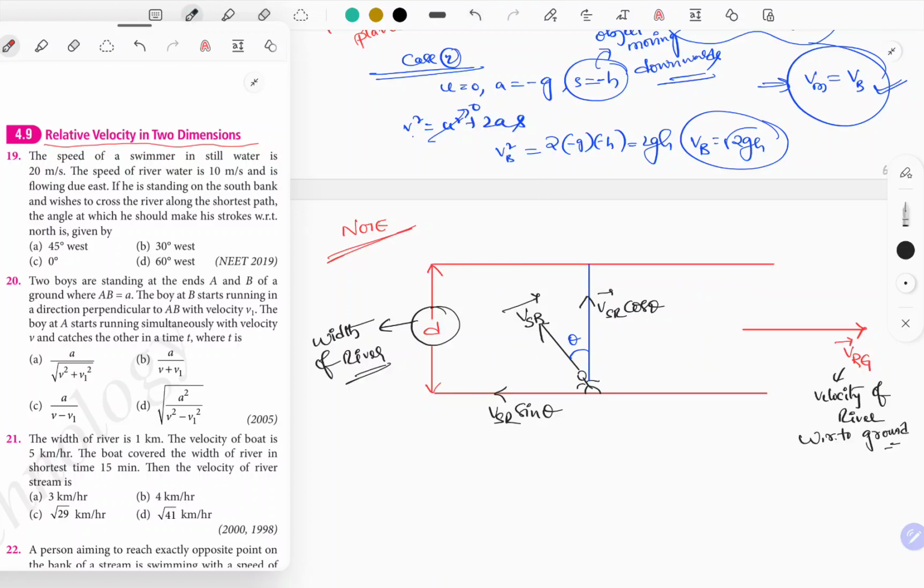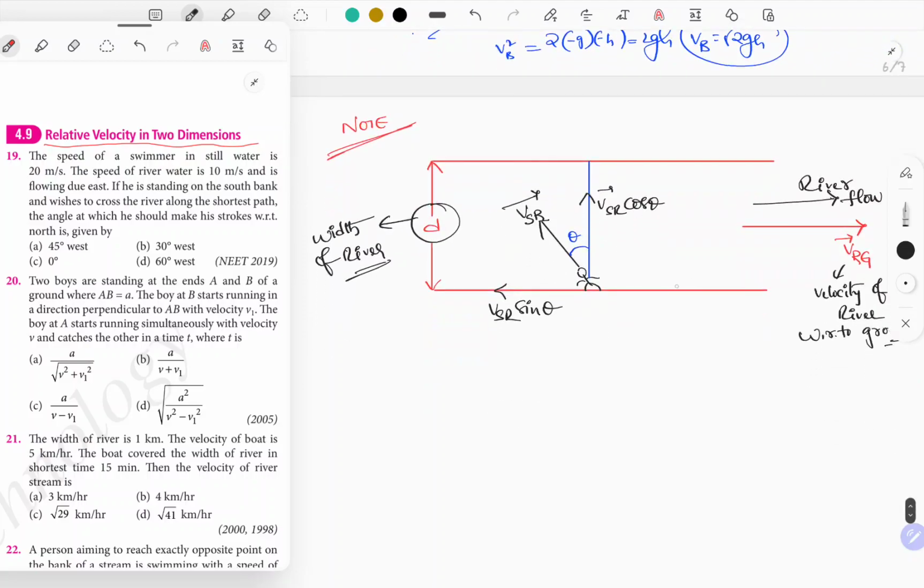Okay, now you can understand. Let's say the swimmer is moving in this direction, and the river is flowing towards the right. So this is the river flow direction. Now I will give you a shortcut. The river is flowing like this, velocity of river with respect to ground.